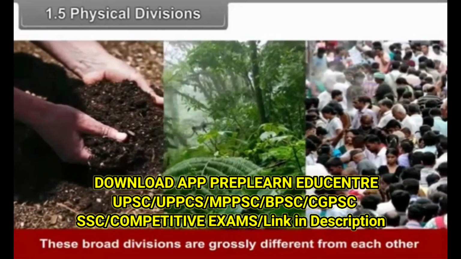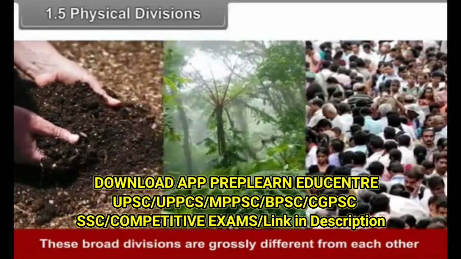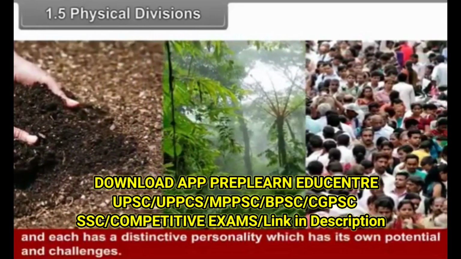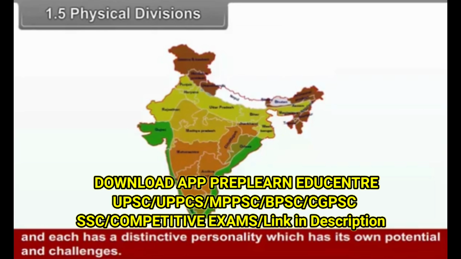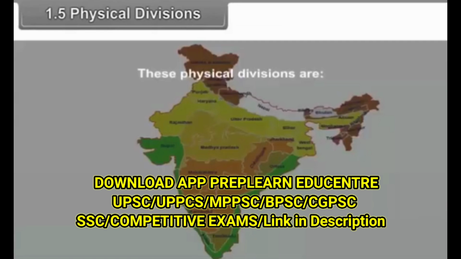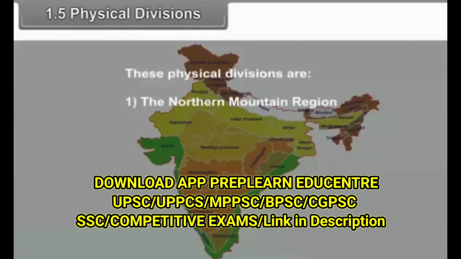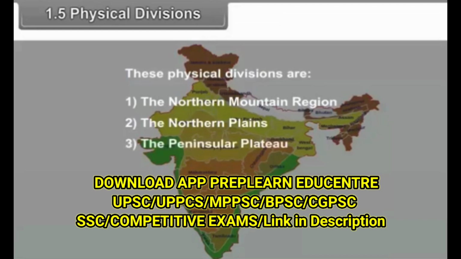These broad divisions are grossly different from each other and each has a distinctive personality which has its own potentials and challenges. These physical divisions are: 1. The Northern Mountain Region, 2. The Northern Plains, 3. The Peninsula Plateau, 4. The Coastal Plains, 5. The Islands.